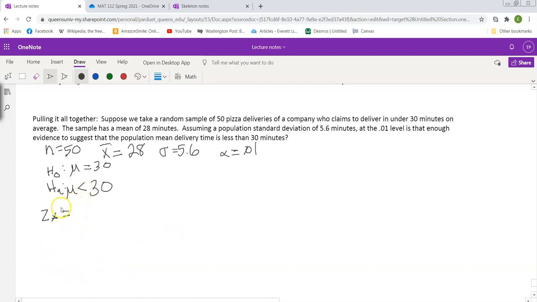So our formula was X bar, which is 28, minus our hypothesized value, which is 30, over sigma over the square root of the sample size.